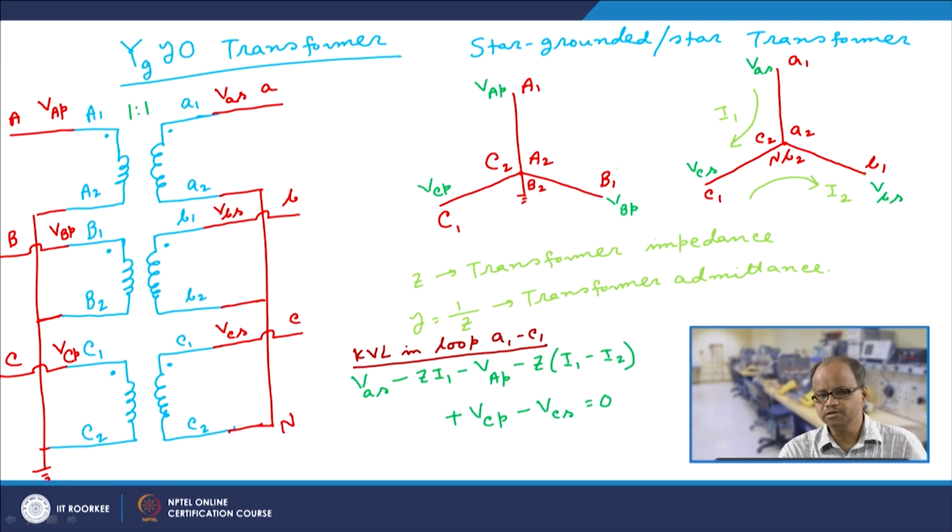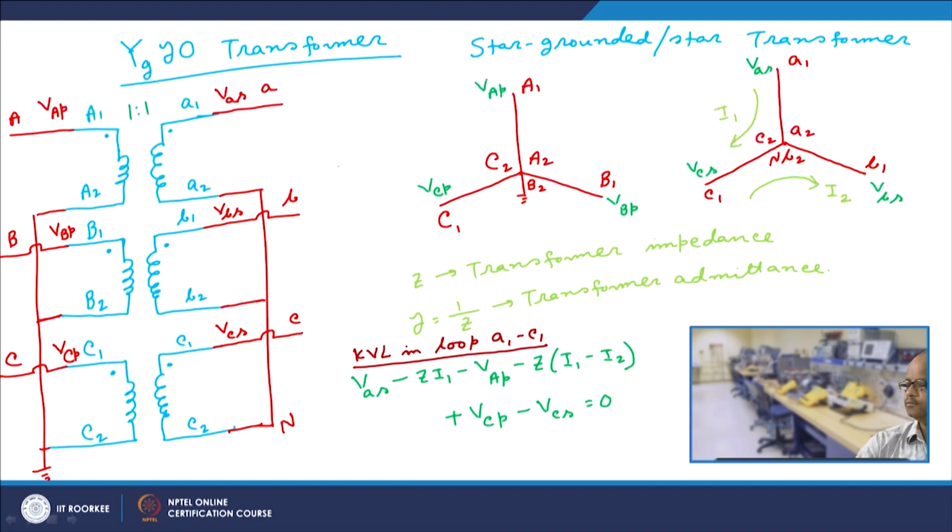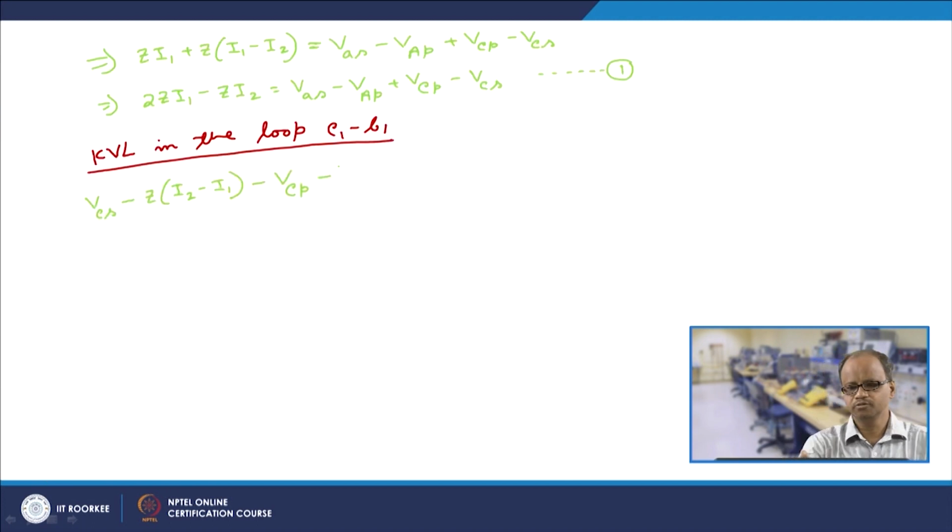Essentially the instantaneous polarity of this reflected voltage would also be from this point to this point. So, it would be minus VCP. Then the drop in this direction: in this branch the current is only I2. So, the drop is minus ZI2.